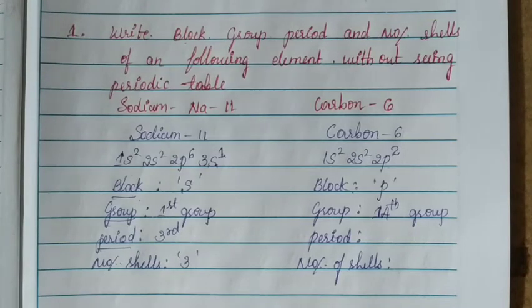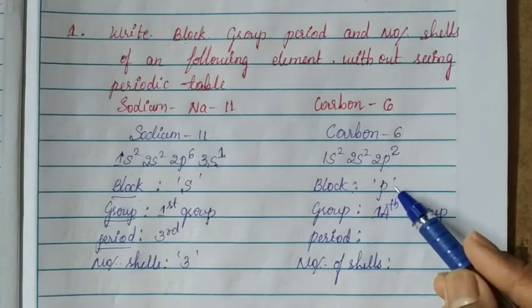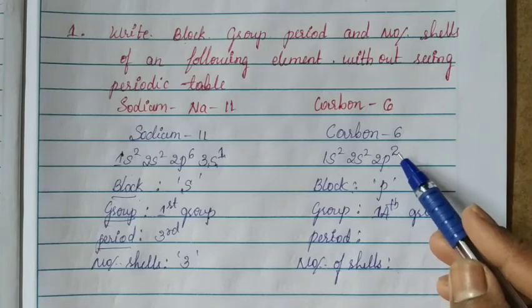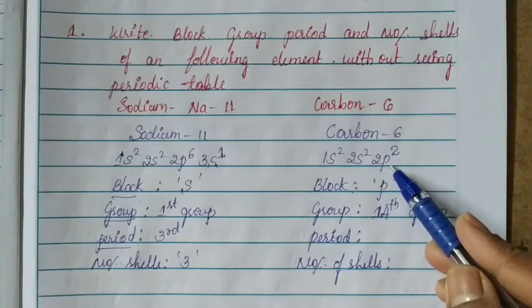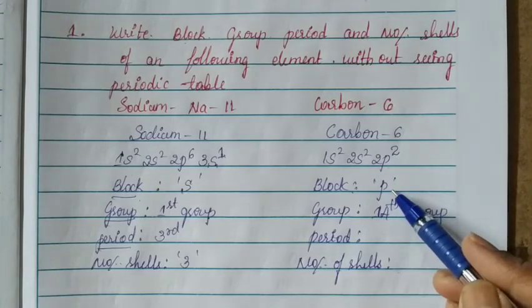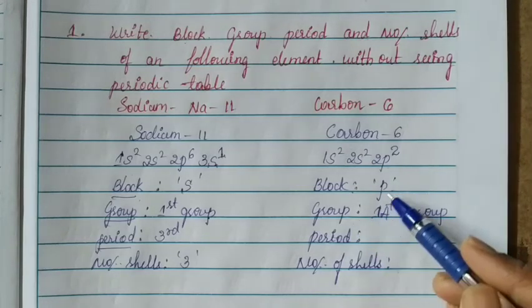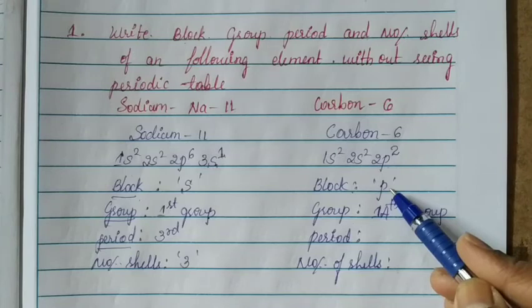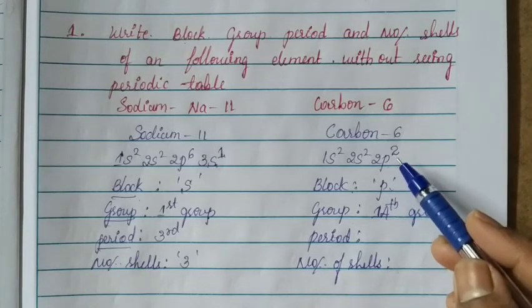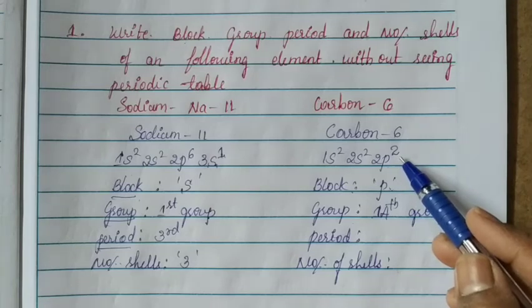Okay, children, listen once again. The block is P because the valence electrons are filled in the P subshell. So it belongs to the P block. Next, the group. The P block elements come under groups 13 to 18. The valence electrons are only 2.